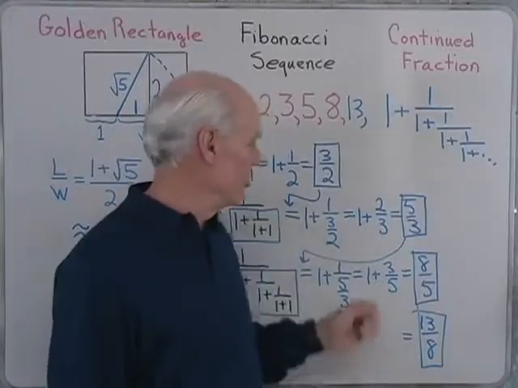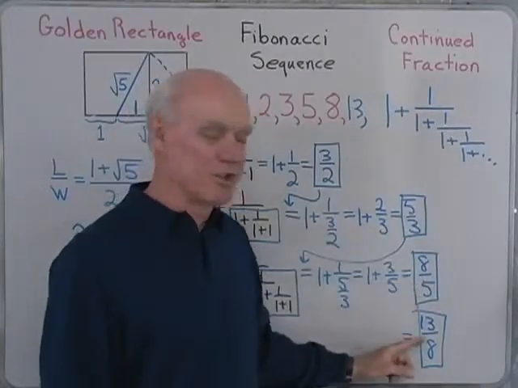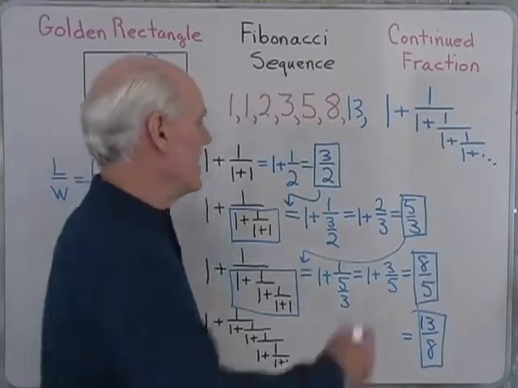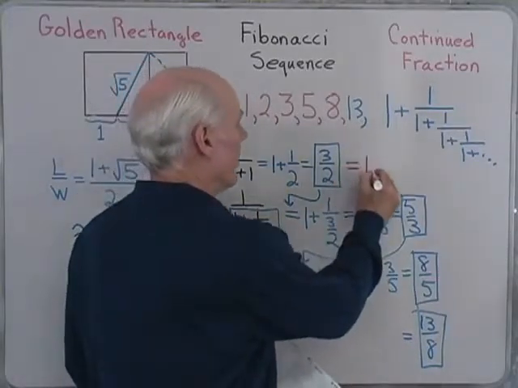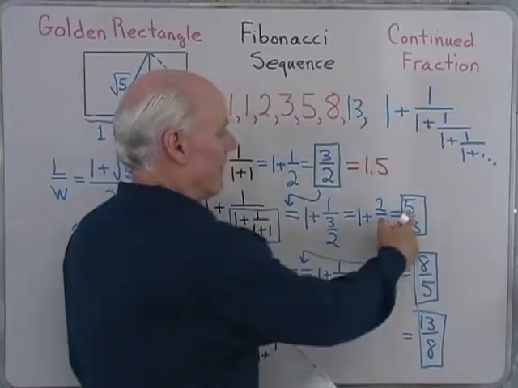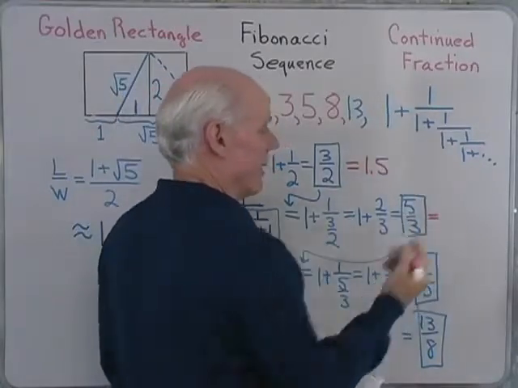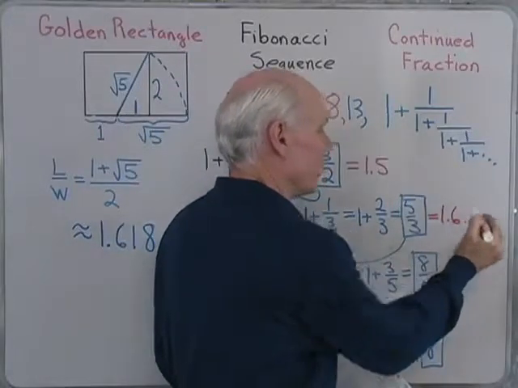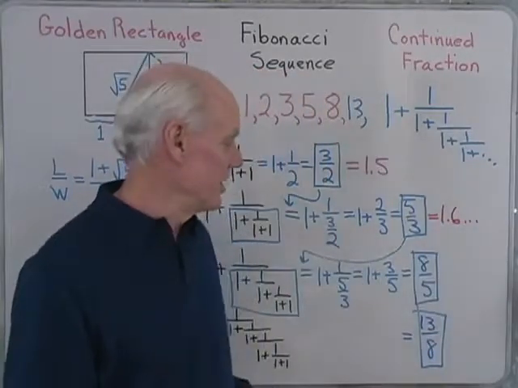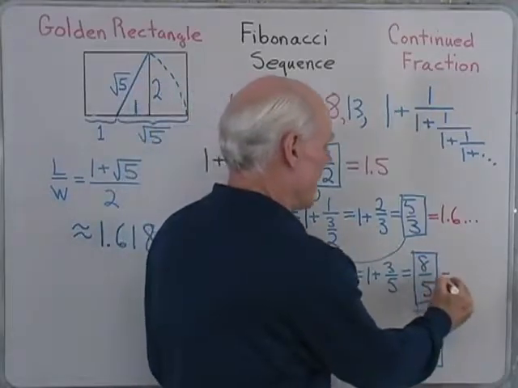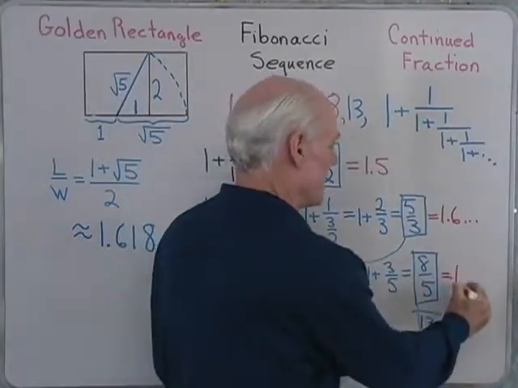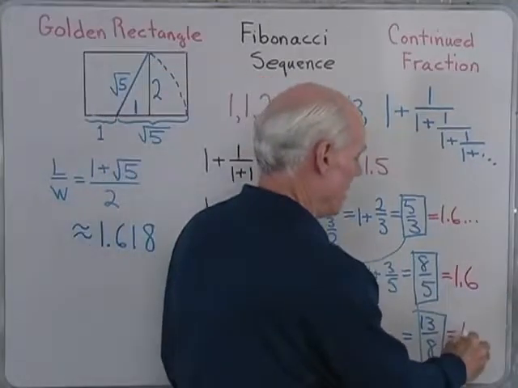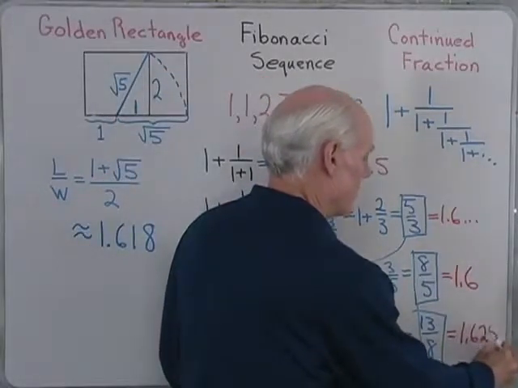Now the next thing I want to do is take each of these fractions and convert it to a decimal. So when I convert to a decimal, this turns out to be 1.5. 5/3, when I divide 3 into 5 or do it on a calculator, I end up with 1.6, and so on and so forth. It just keeps going with 6's there. 8/5 turns out to be 1.6, and then 13/8 will turn out to be 1.625.